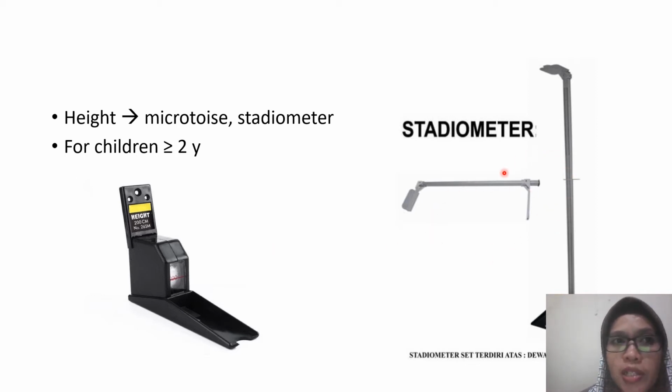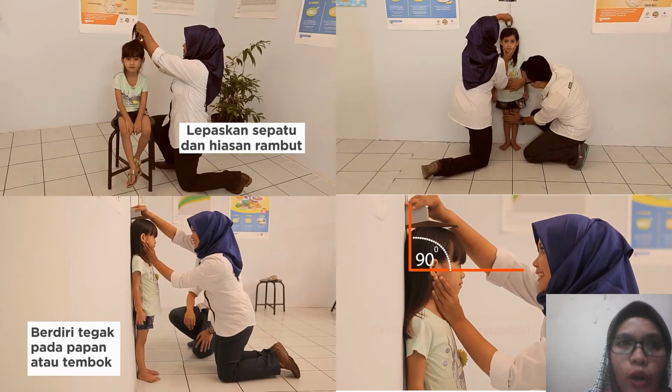The stadiometer must be placed on a flat floor. Okay, and then how to measure height with the microtoa? The first picture tells us about the preparation of the respondent before measurement. Of course, before that, the microtoa was installed properly.